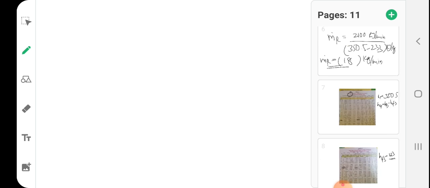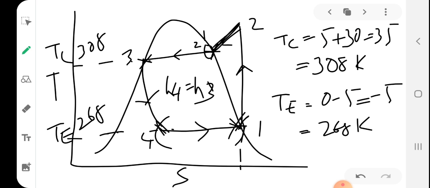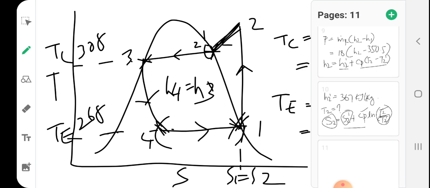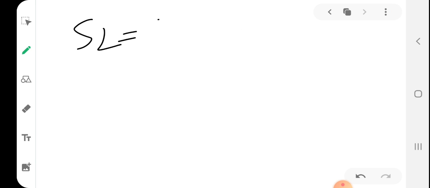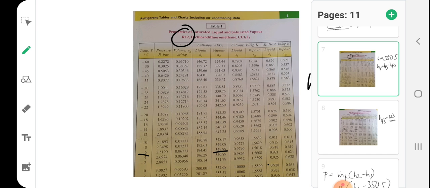Since this is an isentropic process, S1 is equal to S2. So students, S2 is nothing but S1 itself. What is S1? S1 is the entropy corresponding to minus 5 degrees Celsius at saturated vapor condition. So that can be found out from here.